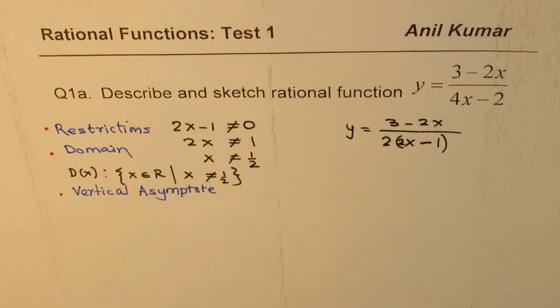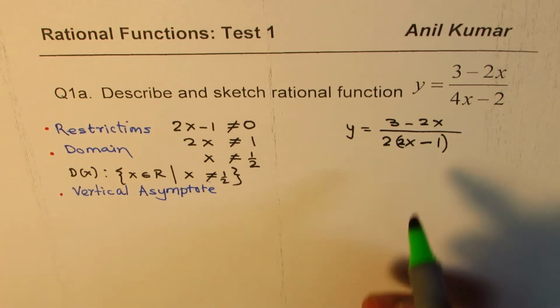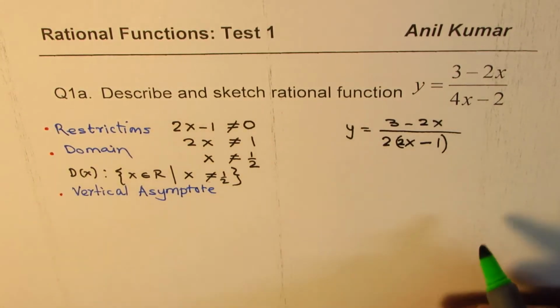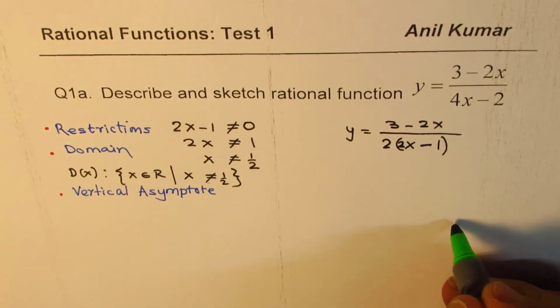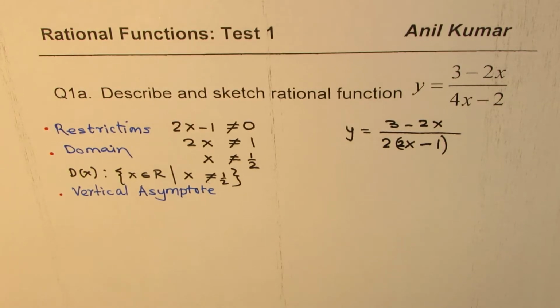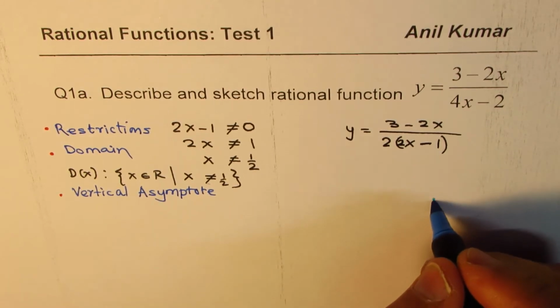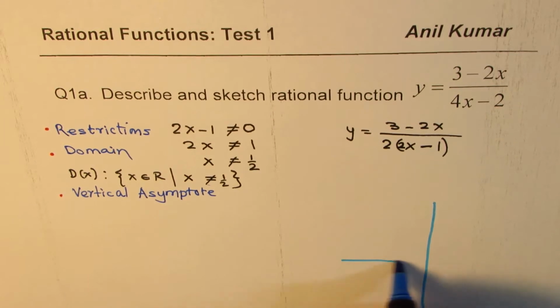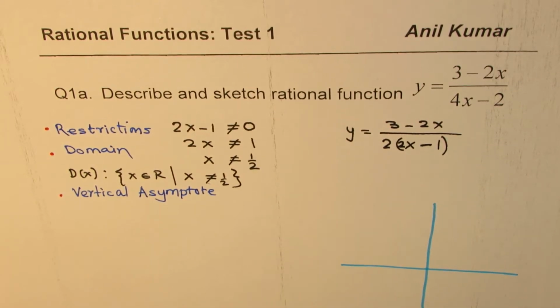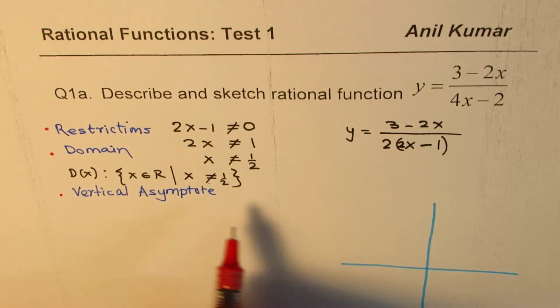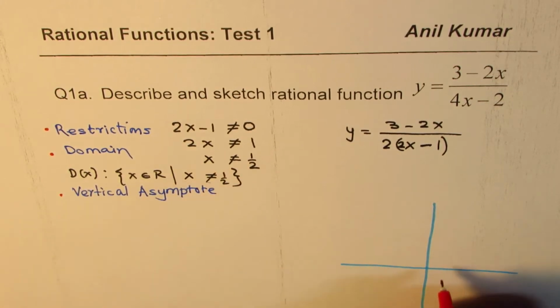To show you on a graph, we have to ultimately also sketch a graph. So let me just make a rough sketch here. Let's say this is our coordinate system. What we are saying is that there is a vertical asymptote at x equals half.